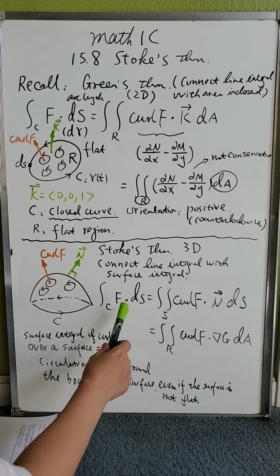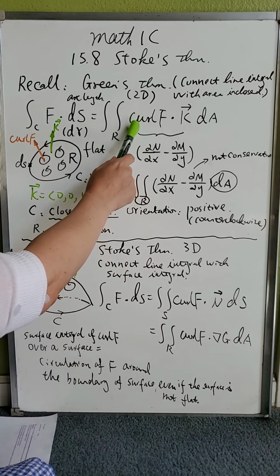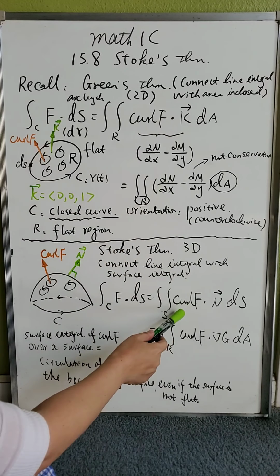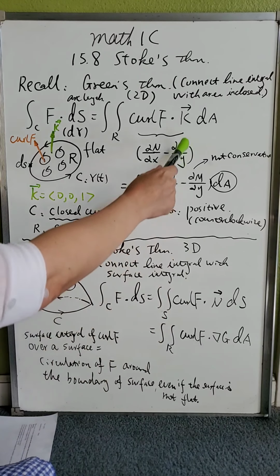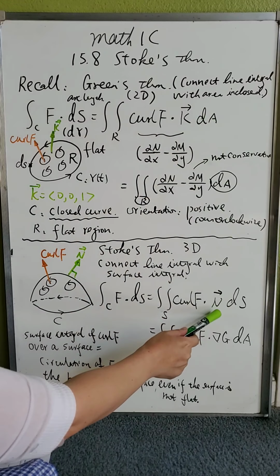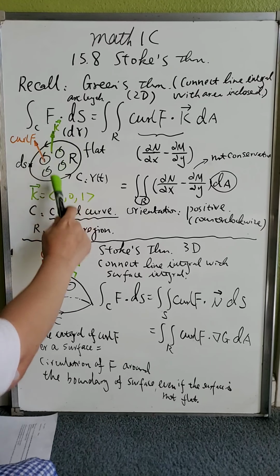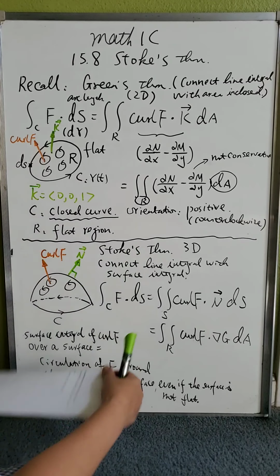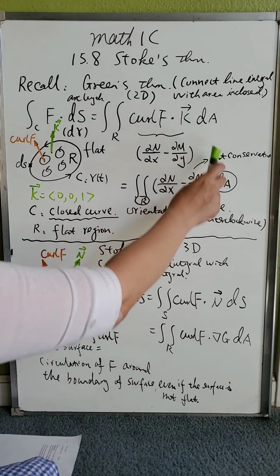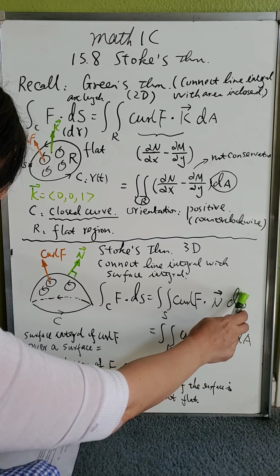The F is still the same because every little circulation is still the same. But the K, he changed to N, okay? And the R, because it's a flat region, now he changed to the surface, okay? It's a 3D surface. And this one, dA, he changed to dS, okay? This means the surface area.